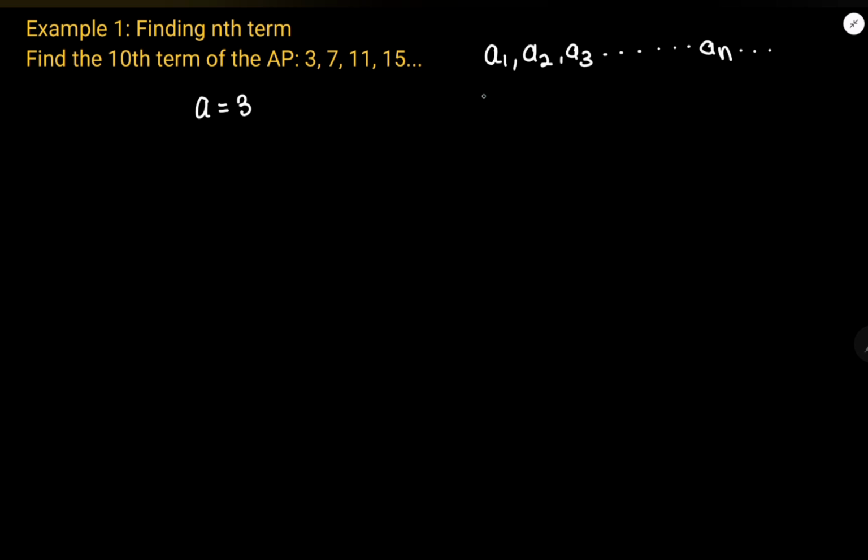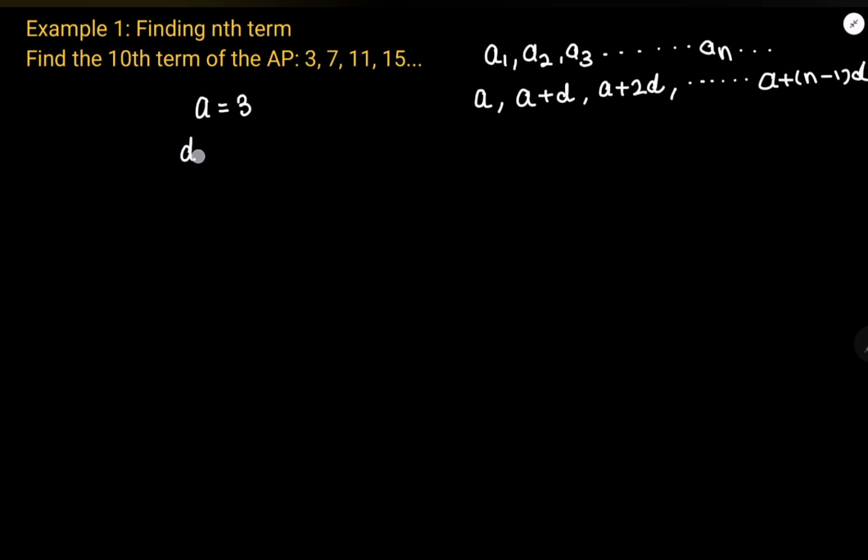But sometimes we write it like this as well: A as the first term, the second term is A plus D, because the difference between each term is like that, then A plus 2D, and so on. An is A plus n minus 1 times D. So sometimes we write A1 is equal to 3 or we write A is equal to 3, that doesn't matter. A means the first term.